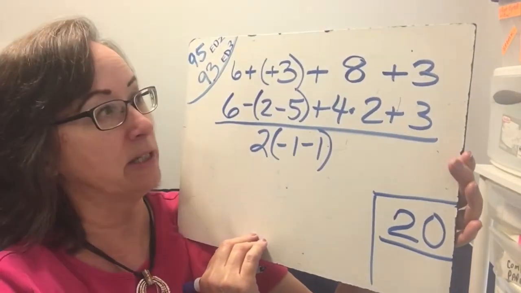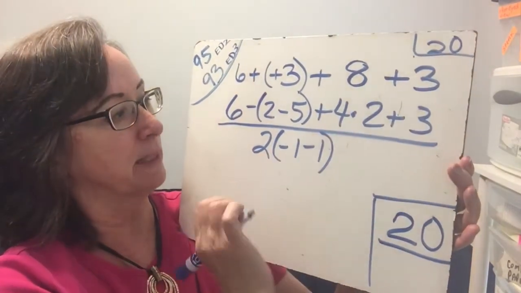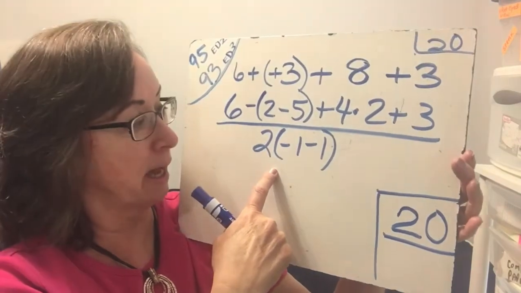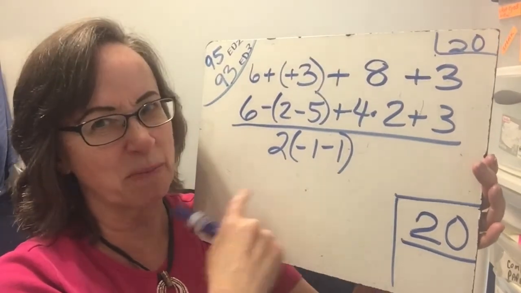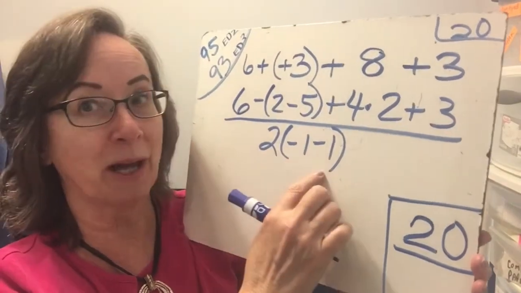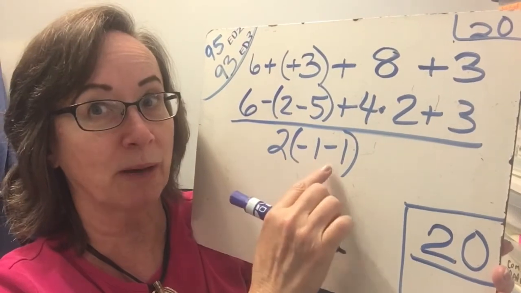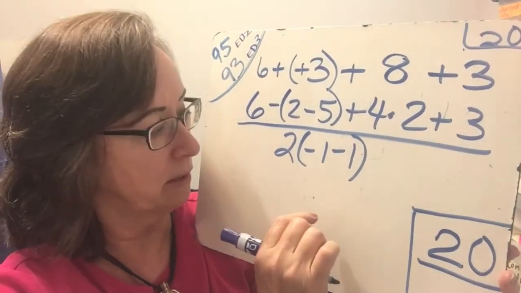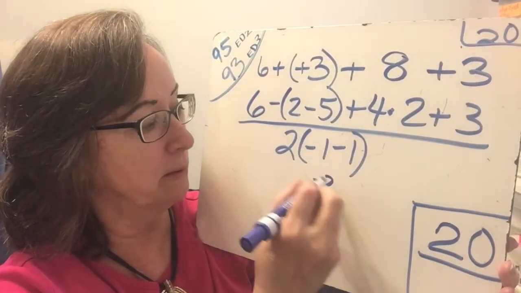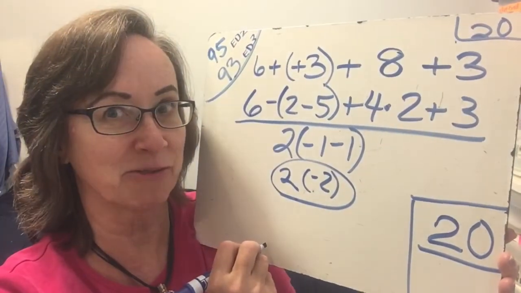And now we're ready to do, we'll just put it up here so we remember it. 20 is this one. And then on the bottom, the denominator, we just have a small amount to do, but we must do the parenthesis first. -1 minus 1, they're both moving to the left, so -1 minus 1 is -2, and -2 times 2 is -4.